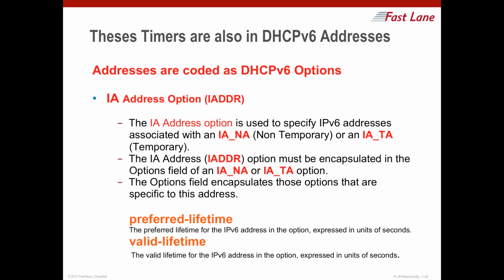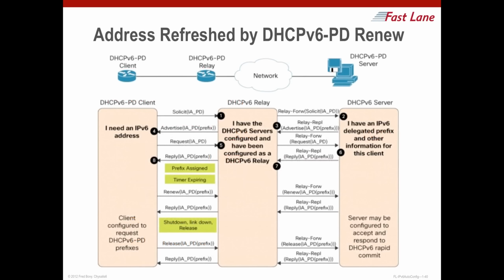But these timers can also be refreshed by DHCPv6. Exactly the same timers are present in the DHCP options. And this can be done by any kind of DHCP, with prefix delegation as well. We still have this concept of timers, and these timers are refreshed.